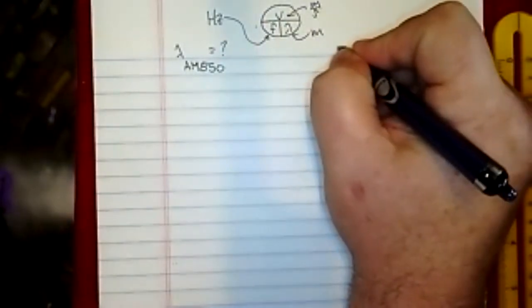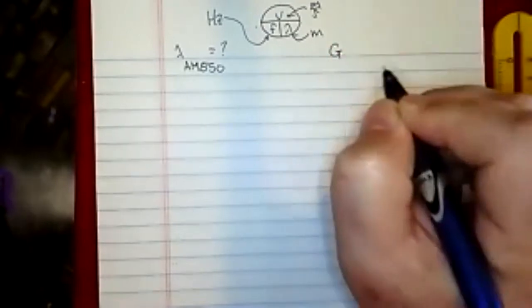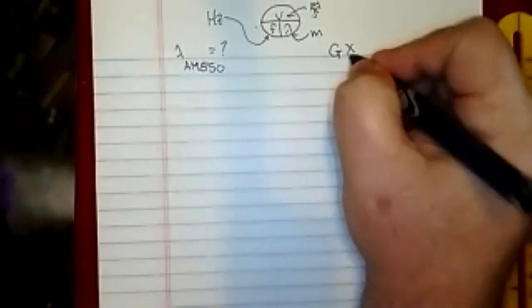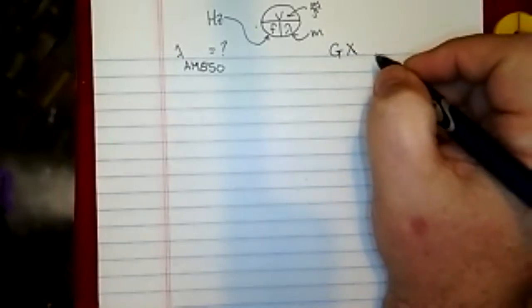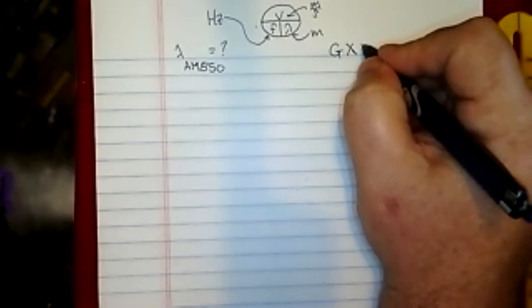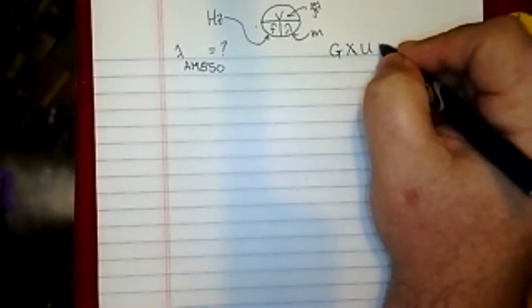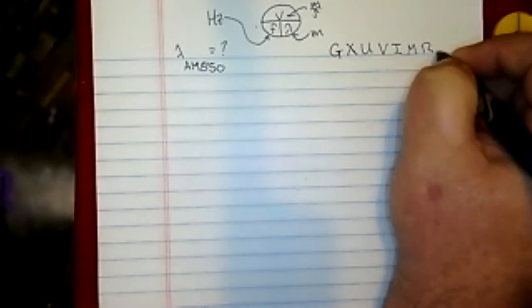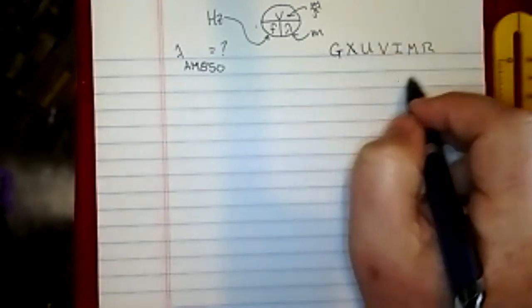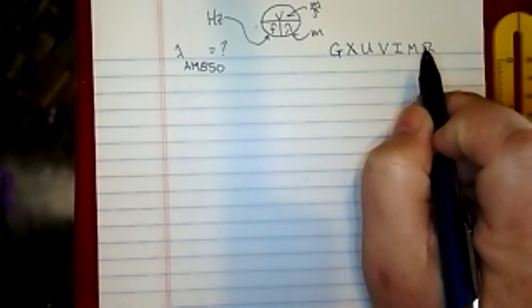And the electromagnetic spectrum can be remembered by great excess. Notice how I spelled excess with an X, which is wrong, right? Great excess undermines various industries, Marxism, rules. Now, that's just me being funny because I'm a big, or was a big Rush Limbaugh fan.